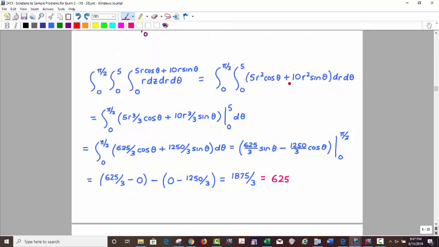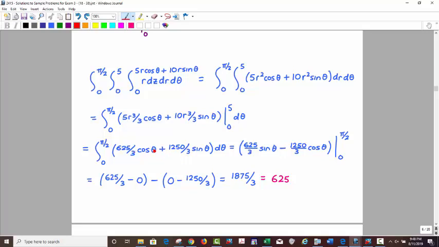I'll skip all the steps here. It's pretty straightforward. Once you get it set up here, put the r's in there, and then integrate the r's. Cosine and sine will stay there the first time, and you'll get 5r cubed over 3, 10r cubed over 3. And then put in 5, put in 0. So you get 625 over 3, 1250 over 3.